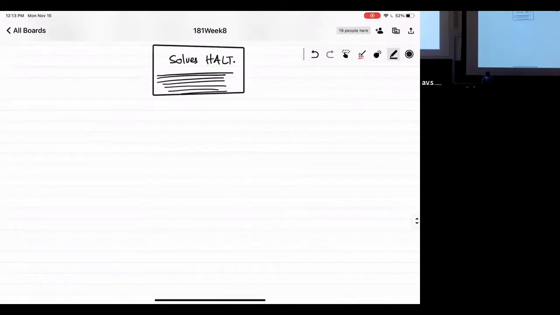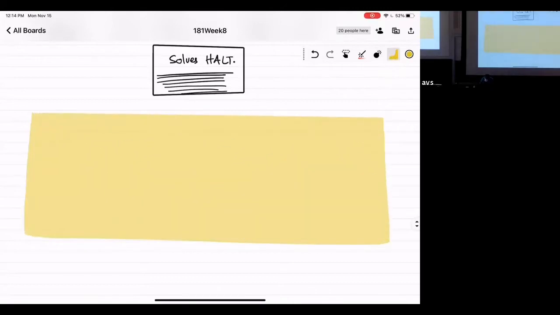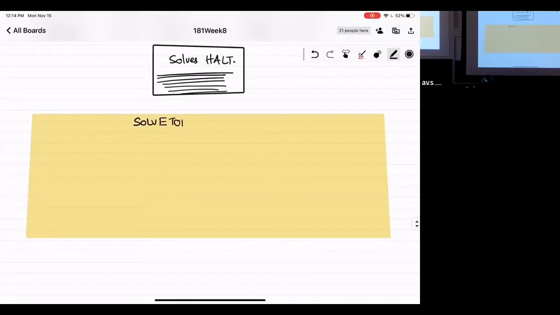Okay. So I'm going to call this simulation procedure, which can use the magical box for halting to solve toddler, solve Todd using halt. What is the goal here?